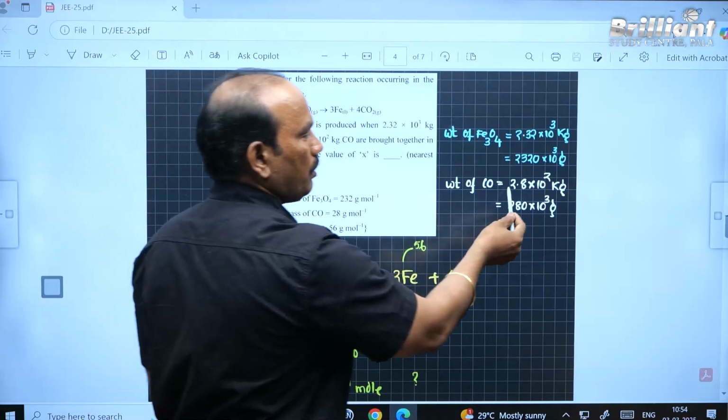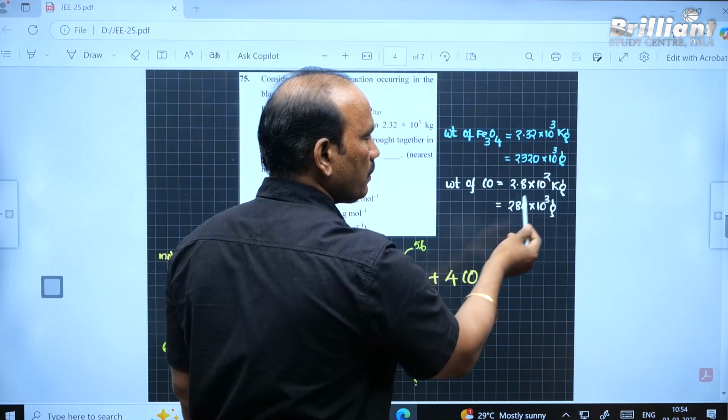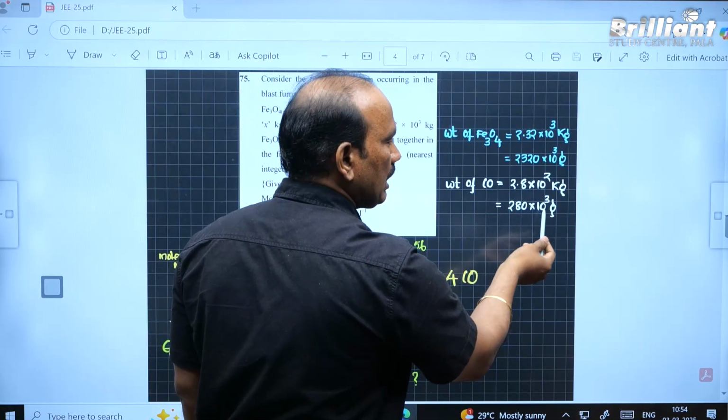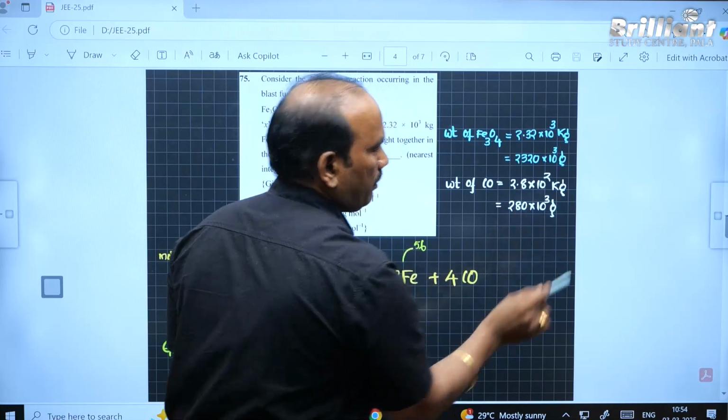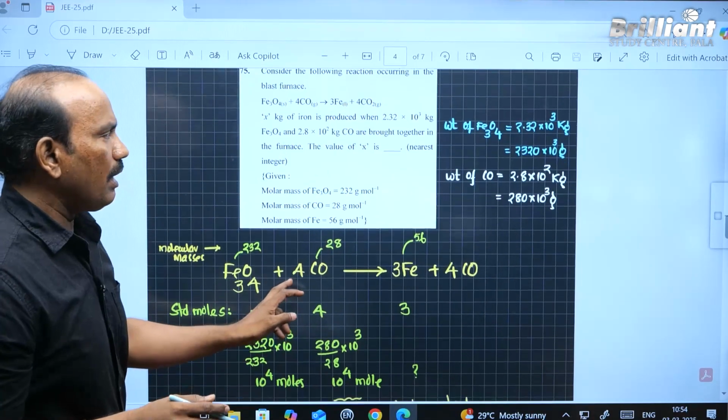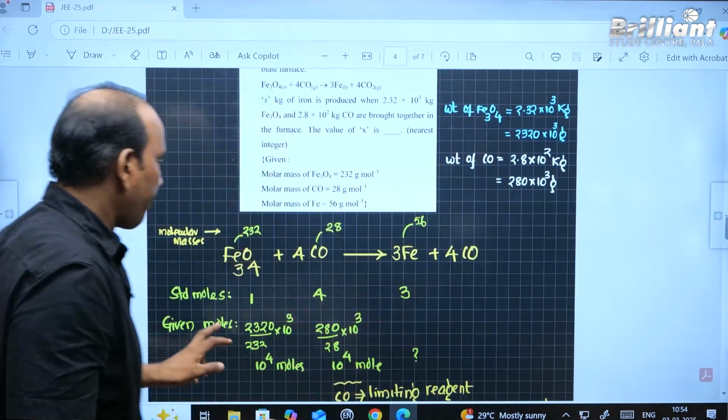Similarly, this one also, 2.8 into 10 cube kgs is nothing but 280 into 10 power 3 grams. After that I calculate the moles here.